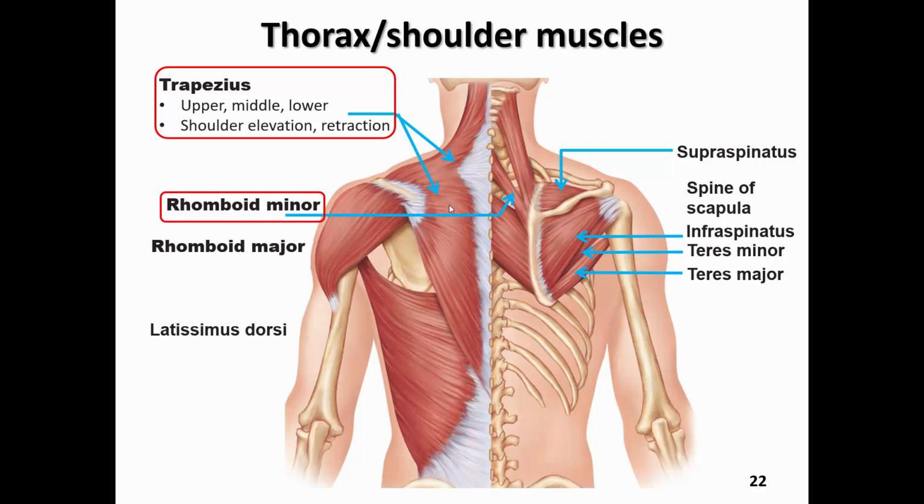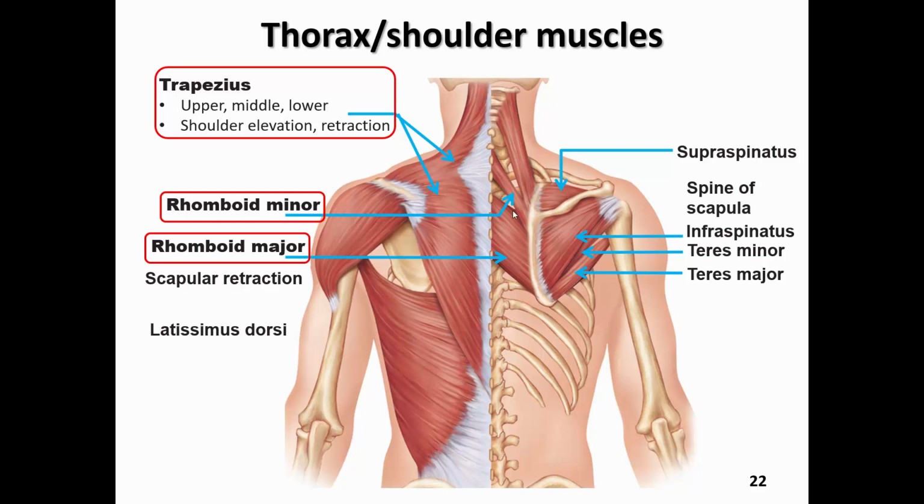Deep to the trapezius muscle, on the right-hand side, are two other muscles referred to as the rhomboid minor, named because it is a smaller muscle but is the more superior one, and the rhomboid major, named because it is a larger muscle than the minor, but it sits more inferior to the rhomboid minor.